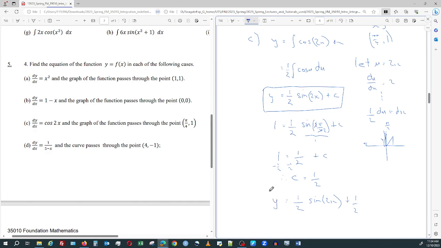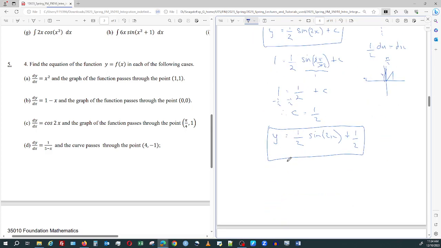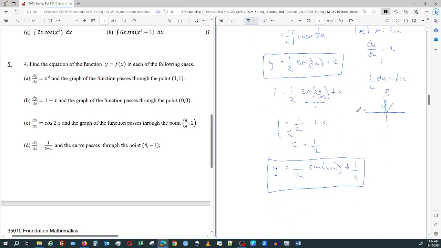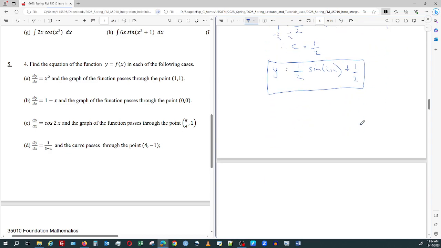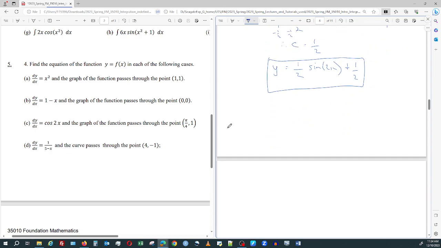So that's our particular solution for the initial value problem. Alright, so the final one was D, so that was a good sample of what you'll be expected to do. Your exact values trig. I did it in my head, did it without a calculator, so that'll be forthcoming.